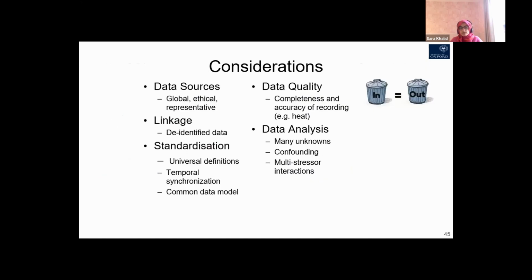But coming back to the framework for planetary health analytics, the key considerations are as listed, and these are all active areas of research within data science. So talking of best practices, one thing to stress at this point is that it's also important not to work in silos.